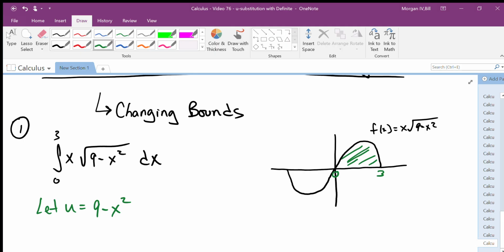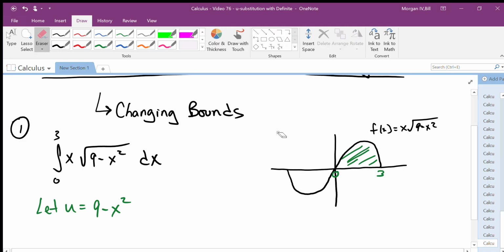The square root of 9 minus x squared is the same thing as parentheses 9 minus x squared to the 1/2 power. So a lot of times the U is what's inside that parentheses raised to a power. Not always, but it's a good place to start looking.